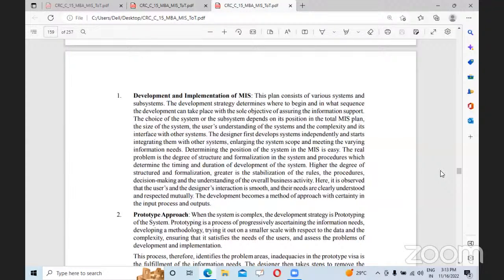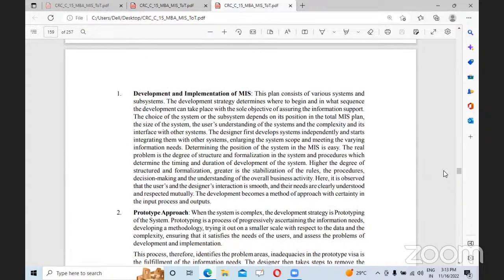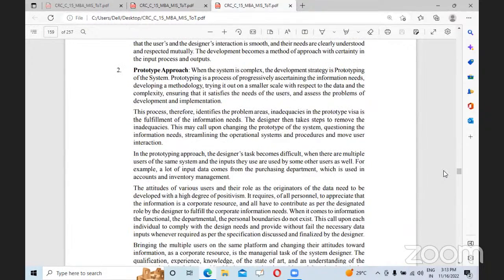Hence, this is observed when the users' and the designers' interaction is smooth and their needs are clearly understood and respected mutually. The development becomes a methodology of approach with certainty in the inputs, process, and the outputs.